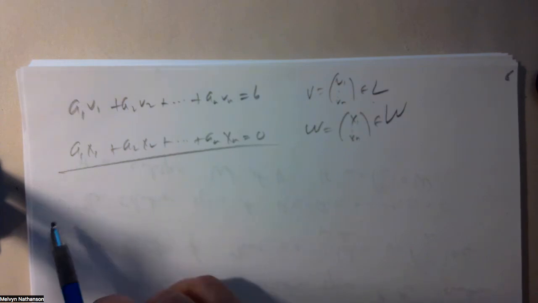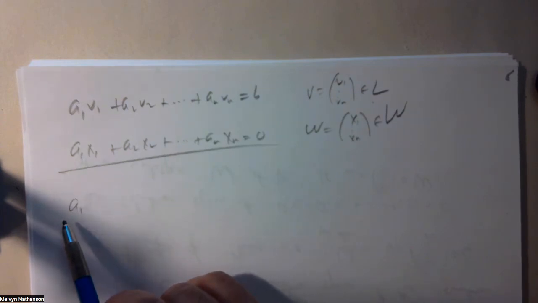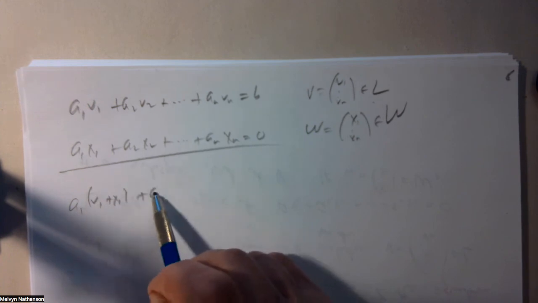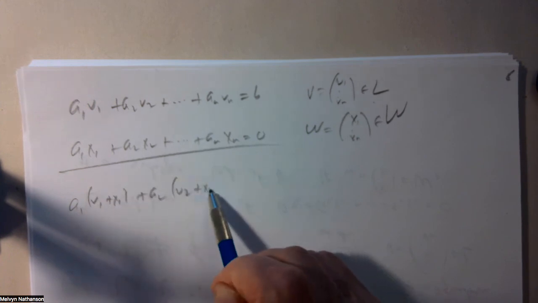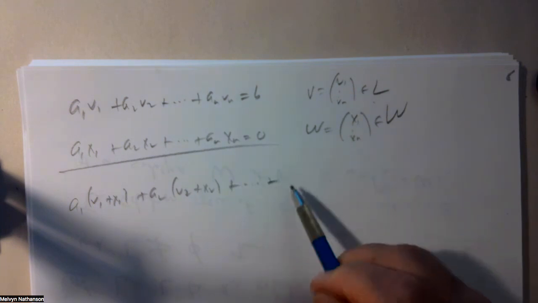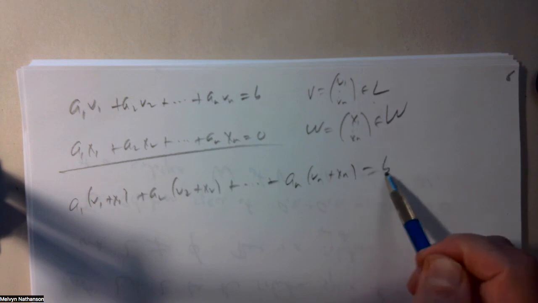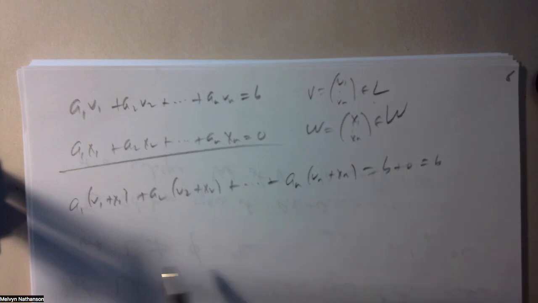What happens if we add? We get a1(v1 plus x1) plus a2(v2 plus x2) plus an(vn plus xn) equals b plus 0, which is b.